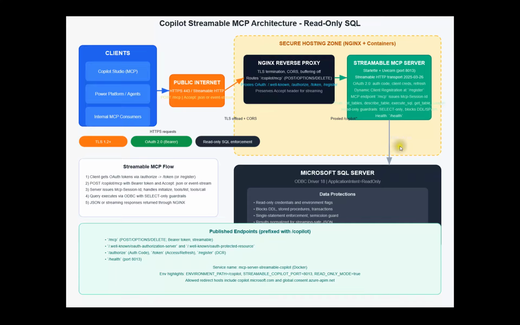We use PyODBC to connect to the Microsoft SQL server. We have a read-only connection. On top of that, we have sanitization, so read-only SQL enforcement. This means that we sanitize the SQL queries, and we expose 4 different tools, the same as in other examples: list tables, describe table, execute SQL, and get table sample.